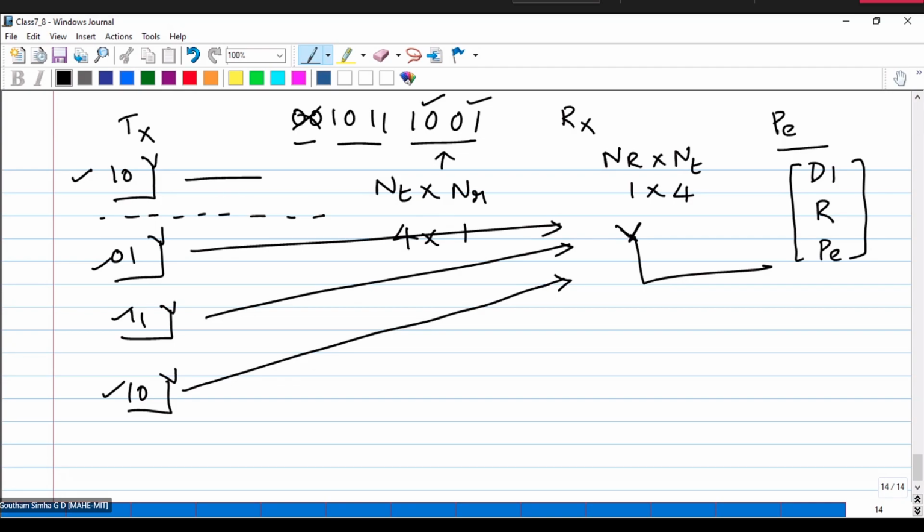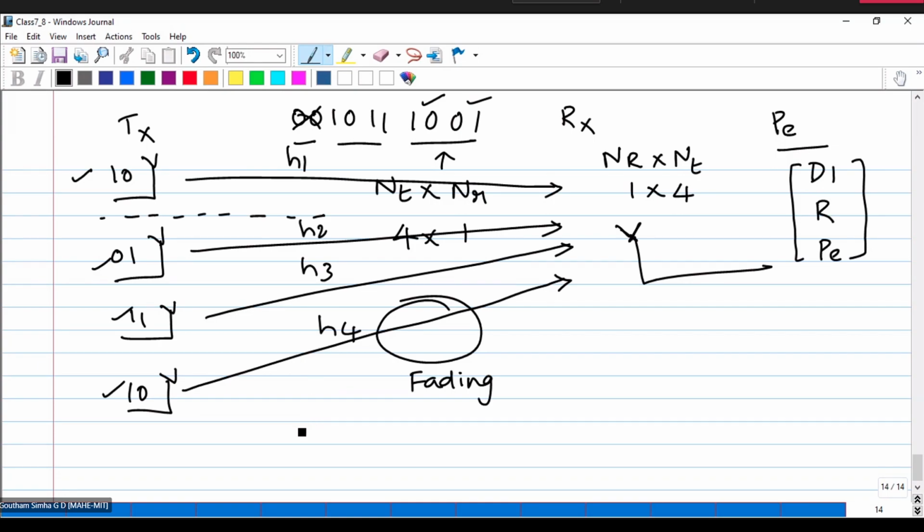You lose because of LOS or NLOS, because of the fading environment, because all the H's are different. H4 is different, H3 is different, H2 is different, H1 is different, because we have assumed uncorrelatedness between the transmitting antennas. Now, if H4 goes for a deep fade, you will lose this 1 0. You will get 1 0, 0 1 and 1 1 only, but you have lost these 2 bits of information.